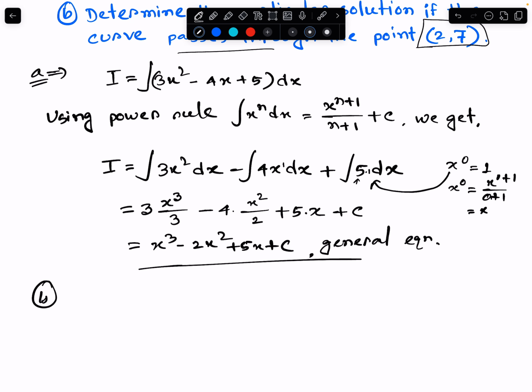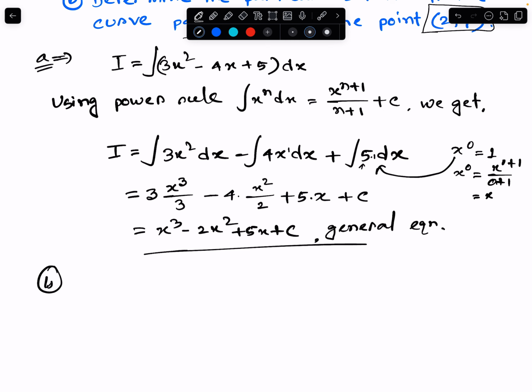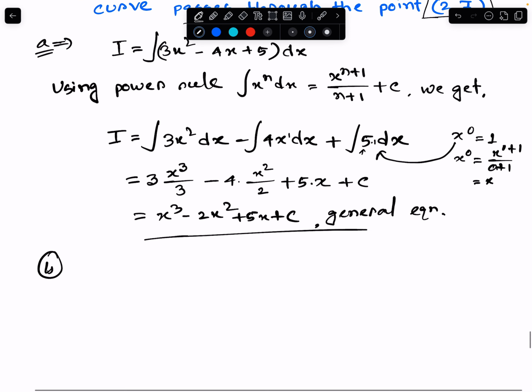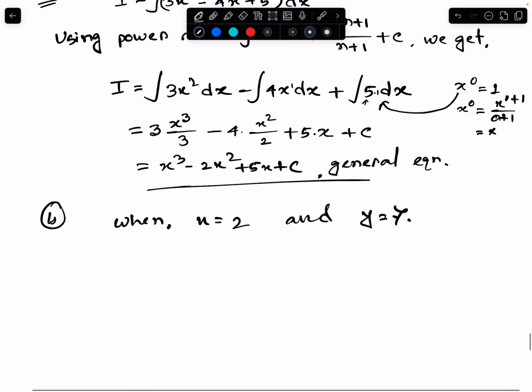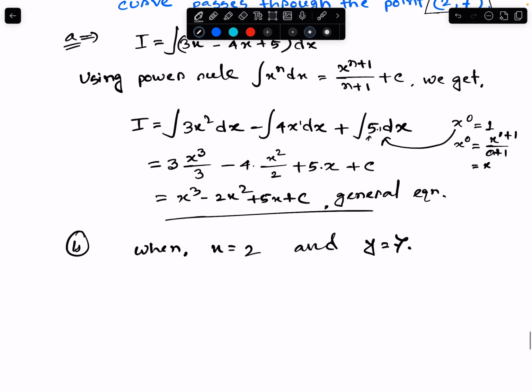Now, let's find the particular solution given that the curve passes through 2 and 7. That means when x equals 2, y equals 7. It's very simple. We put x equal to 2 and y equal to 7 into the equation, right? So y equals x cubed minus 2x squared plus 5x plus c.